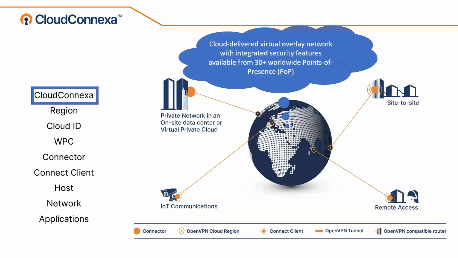And as it shows there, this service is available from a lot of points of presence, or later you will see we call them regions. And you just connect to the region closest to you. We have also integrated security features like content filtering and IDS, IPS. So it provides advanced security functions as well as advanced routing.